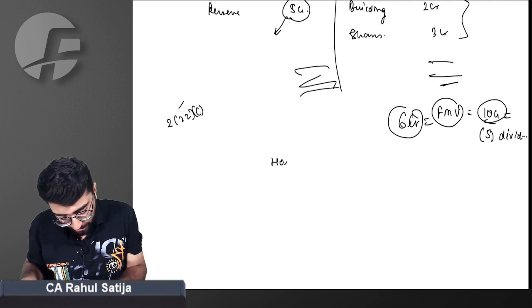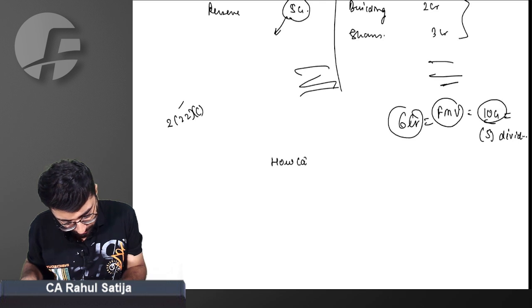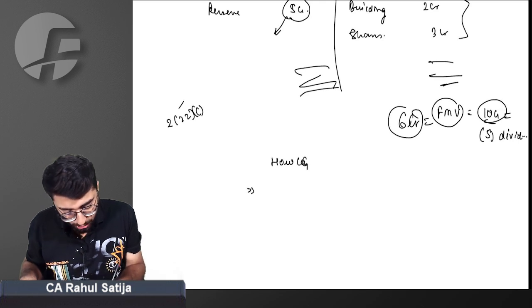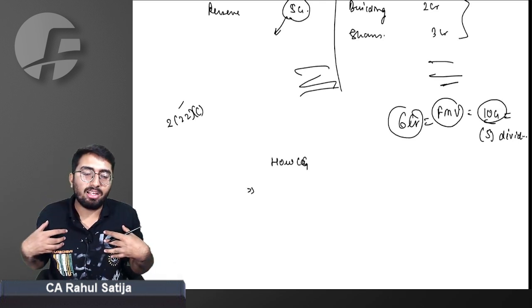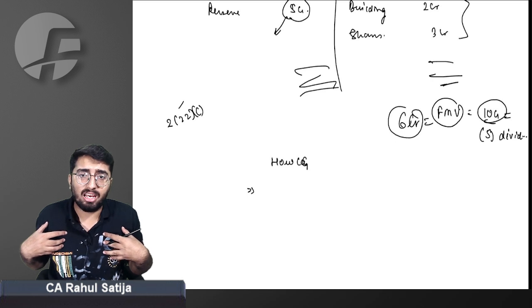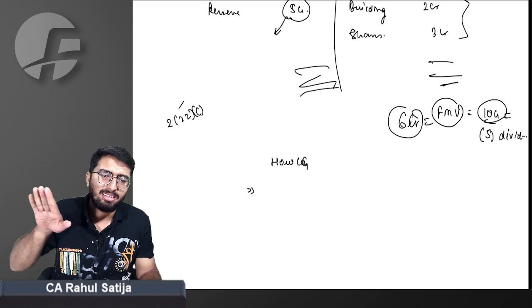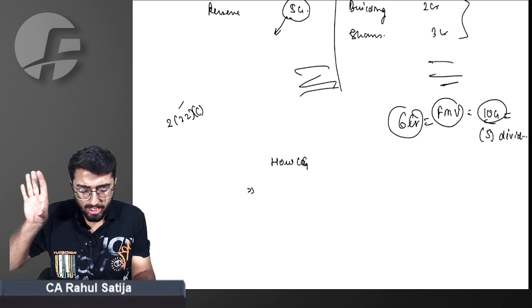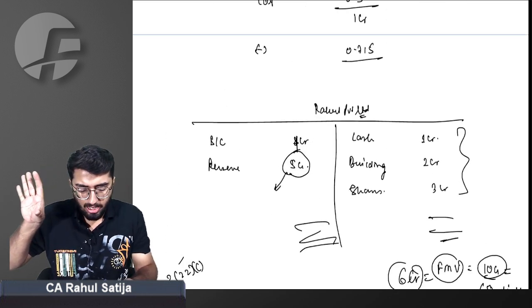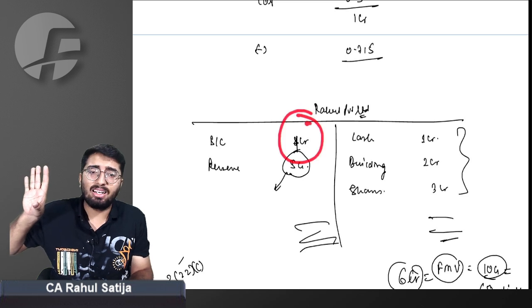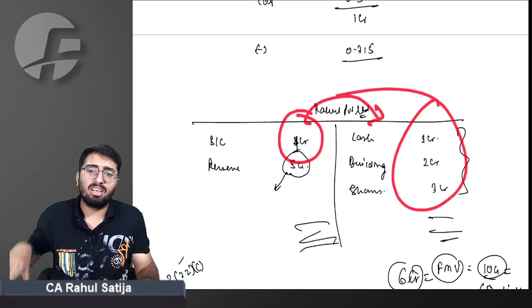How is capital gain calculated here? Shareholders, on subscribing share capital of 1 CR, are receiving assets of rupees 10 CR.